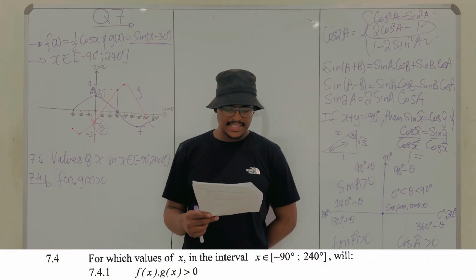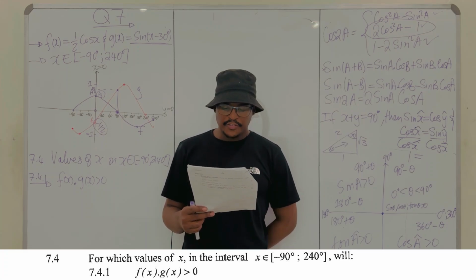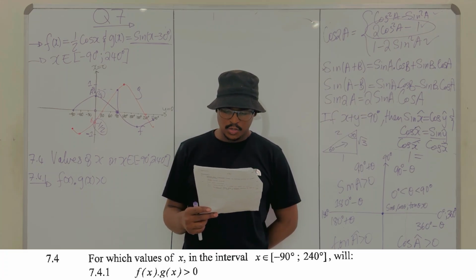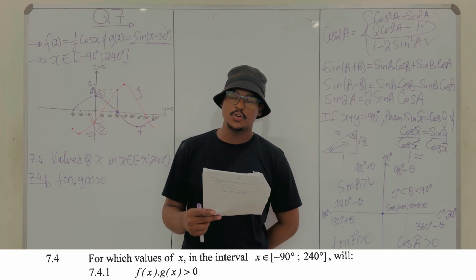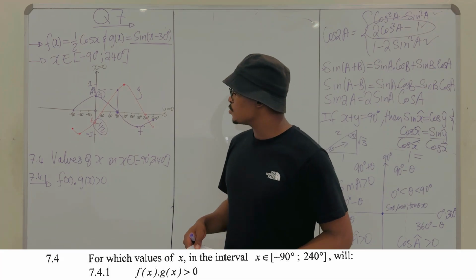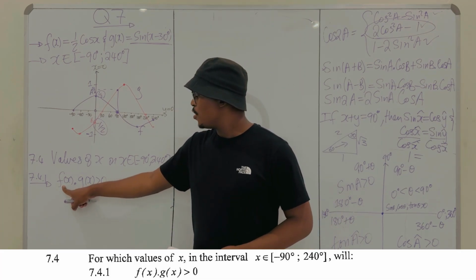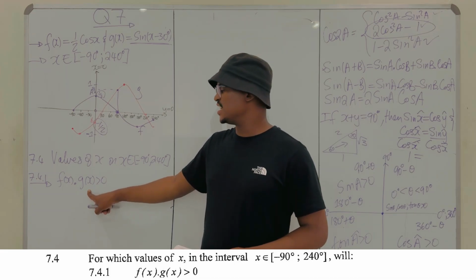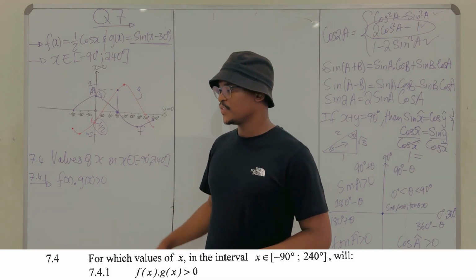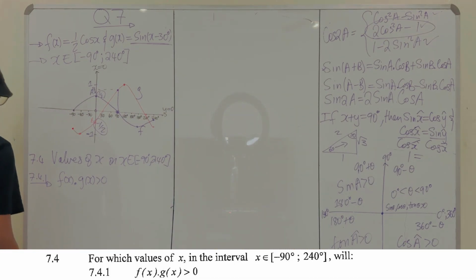7.4 reads as follows. They are saying, for which values of x on the interval from x equal to minus 90 to 240 degrees will the product of f of x and g of x be positive? So they want us to find the values of x where, when you multiply the y values of f and the y values of g, the product is positive.